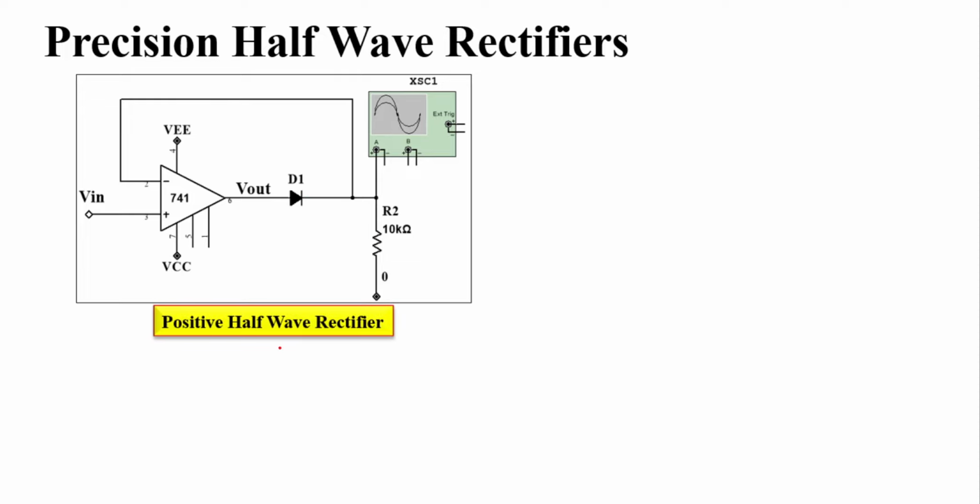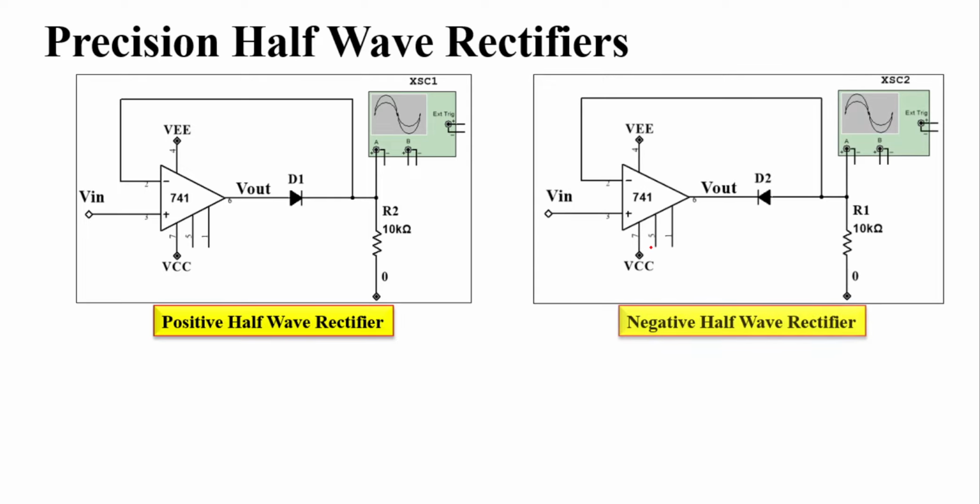This will act as a positive half wave rectifier, whereas if you want a negative half wave rectifier, you just have to connect the diode in the opposite way. So here you have the P at the output, N connected indirectly to pin number 2, and for a negative half wave rectifier you have to connect N to pin number 6 and P to pin number 2 via the feedback path.